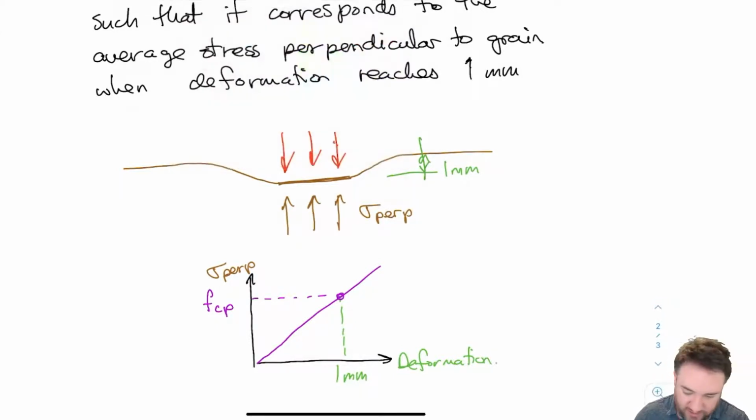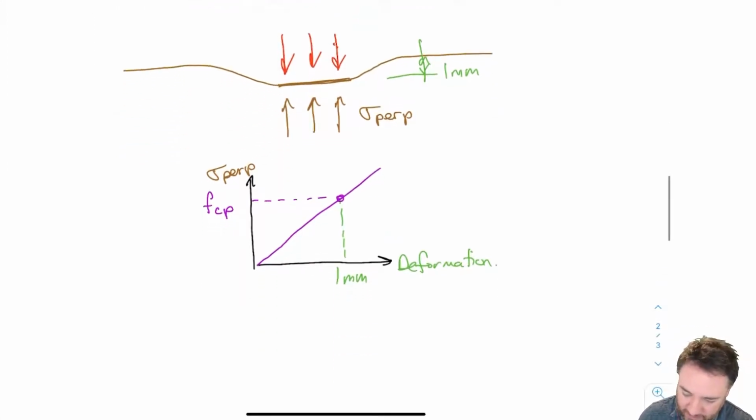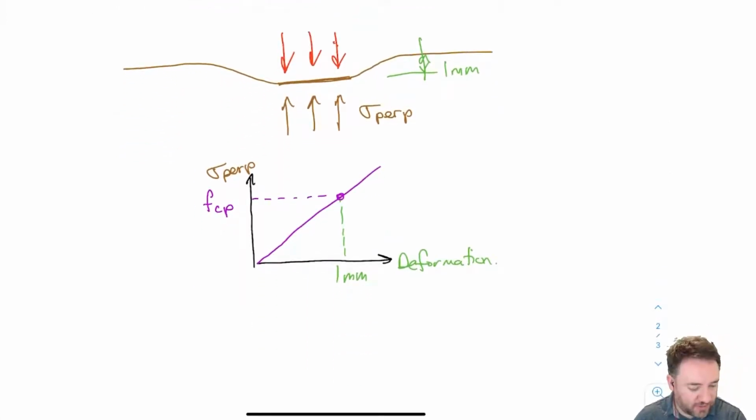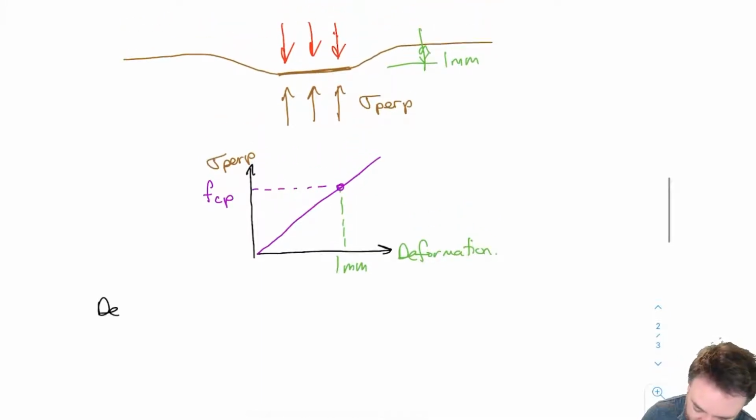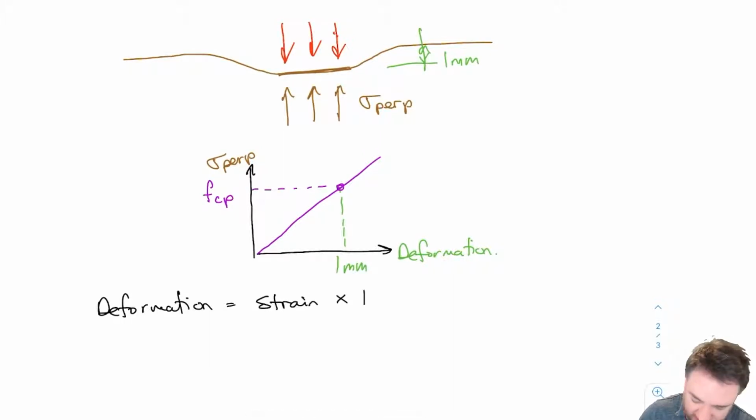So if we look at these equations, that's kind of the simple way to think about it, but then there are some other wrinkles in here that we are going to need to consider when we look at the strength. So this deformation is also equal to a strain times a length.